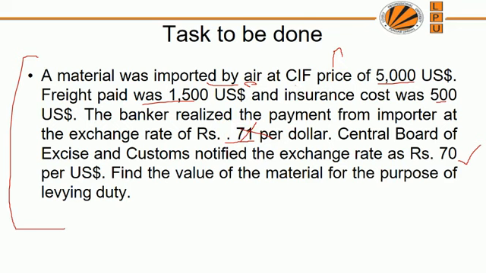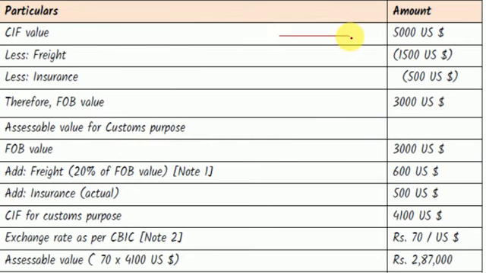So the CIF value given is 5,000 US dollars, less freight given in the question, 1,500 US dollars, less insurance 500 US dollars. Then we come to the FOB for customs value, which is 3,000 US dollars.